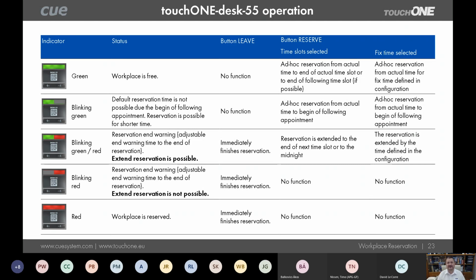So when you press the button reserve, it will do ad hoc reservation based on settings in your concentrator. So for example, for half an hour, or if you are using timetables, then it will be responding exactly the same way like I described in my slide with the timetables.